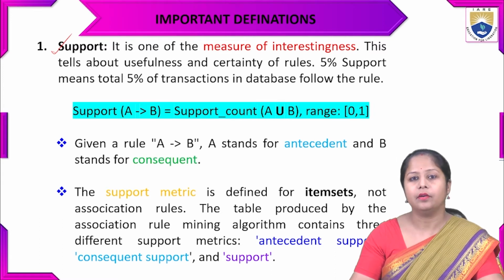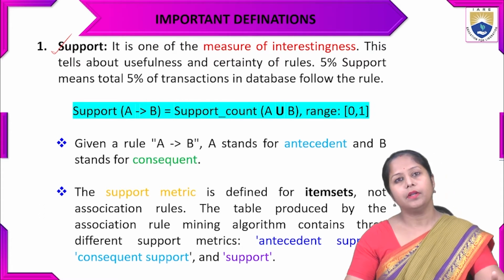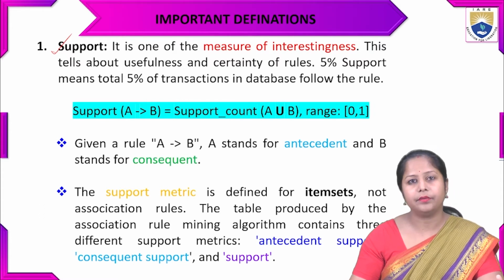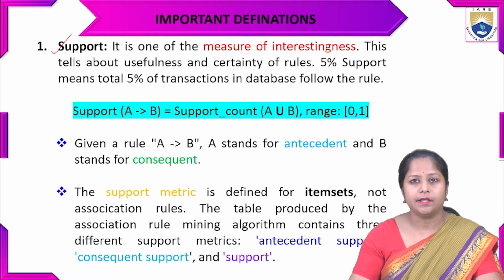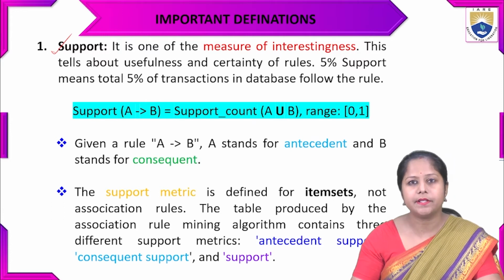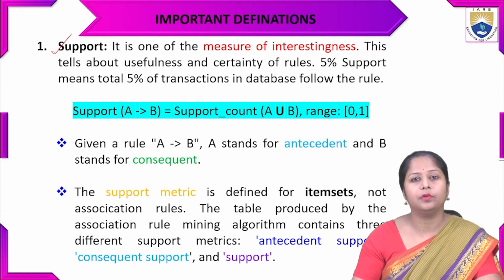For example, if there is 5% support, it means 5% of the transactions in the data set follow the rule.